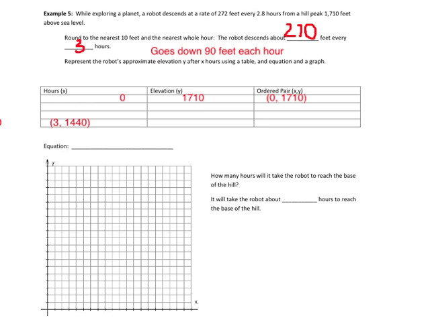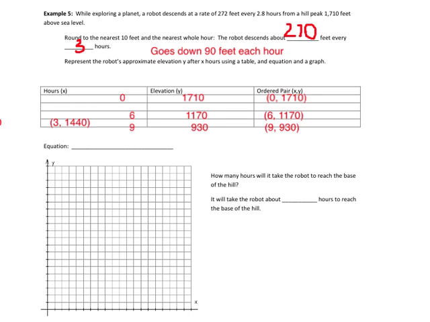And then after 6 hours, it would go down another 270 feet. So that would be an elevation of 1,170. And after 9 hours, it would go down another 270, and that would be 930. So I'm going to plug those values into my table now.